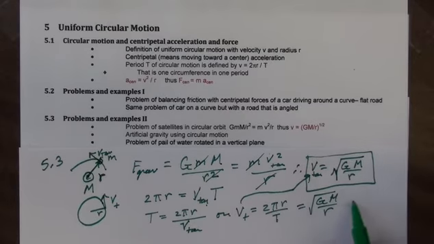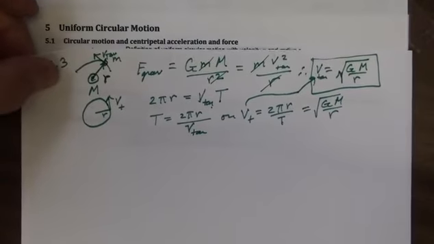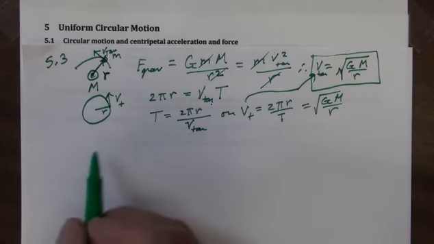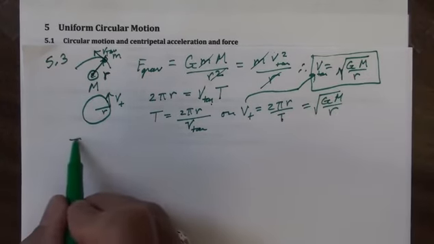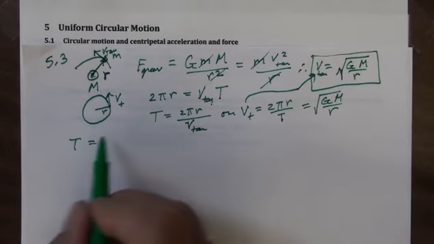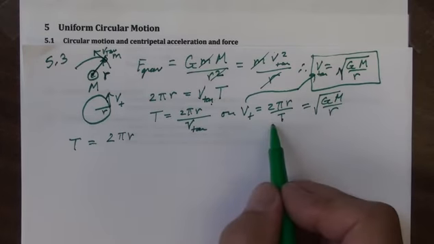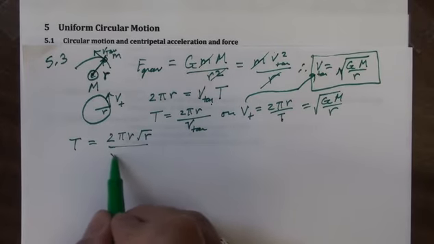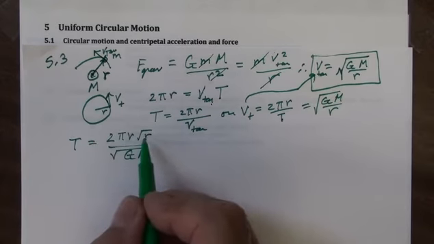And if we solve that for T, the T would go over here, this would go over here, so the period T would be equal to 2 pi r times the square root of r over the square root of G times M. Well, that's r to the 3/2 here.